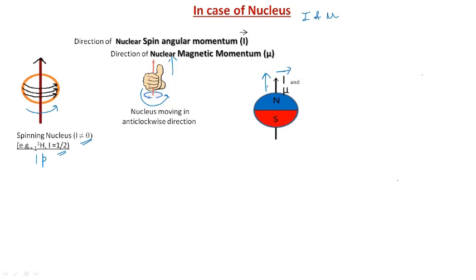We are not going to derive the expression for this nuclear magnetic moment. However, we will just show the final expression for this nuclear magnetic moment. Here in this equation, Gn is the nuclear g factor, mu n is the nuclear magneton, this is I, which is nuclear spin angular momentum, and this h cross is equal to h upon 2 pi, where h is the Planck's constant.